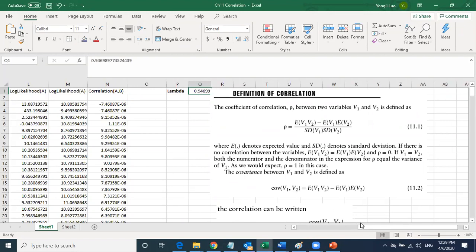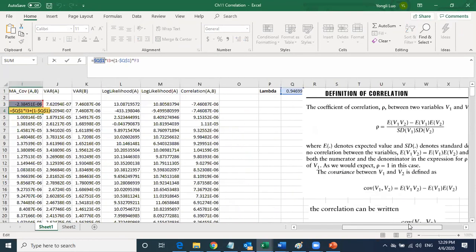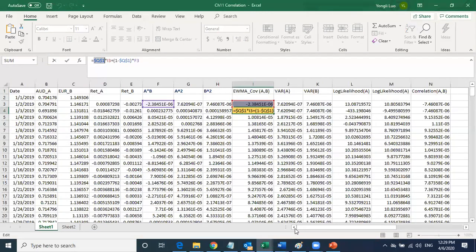This is the lambda we got here, Q1, and you fix the Q1, plus the previous period covariance, S3, times 1 minus lambda times the covariance, the product of the returns of the two assets. So that's going to be F3.